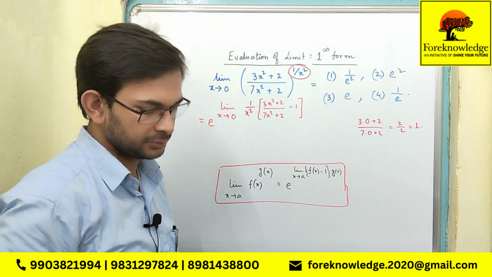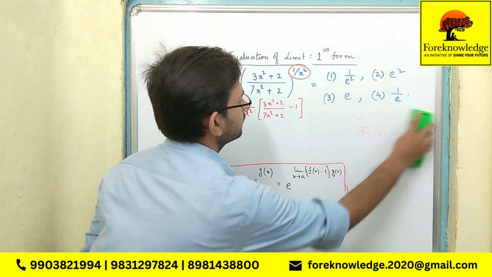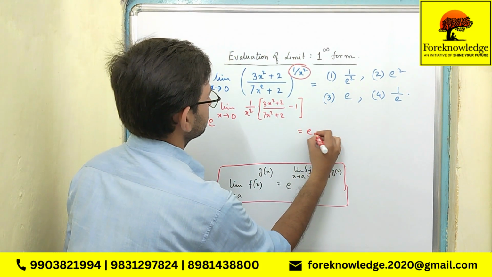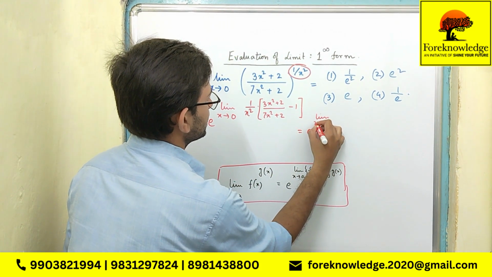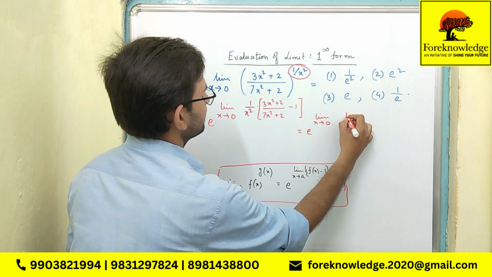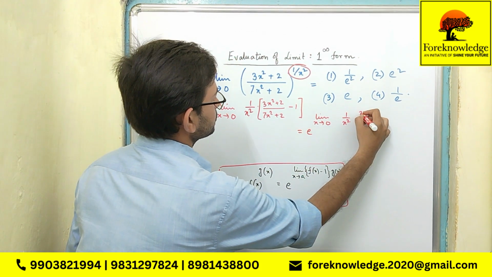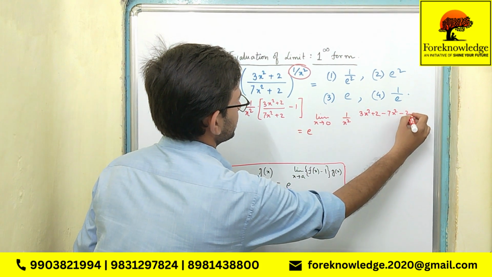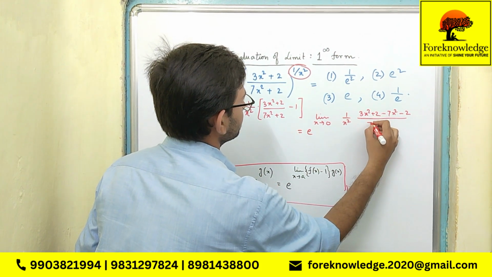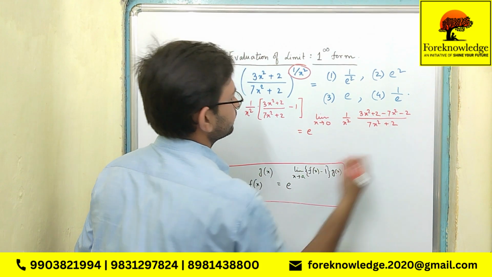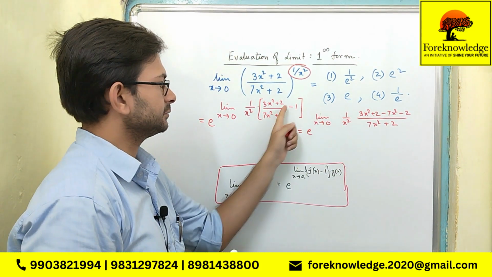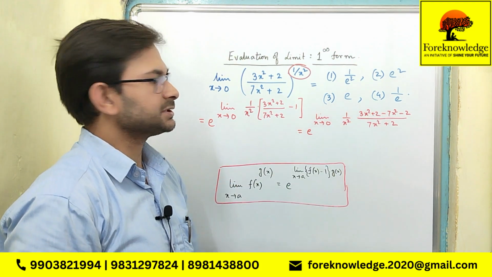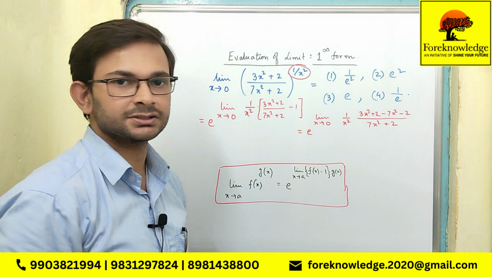Now we have to simplify this. So this is equal to e to the power limit x tends to 0, 1 by x square, into 3x square plus 2 minus 7x square minus 2 whole divided by 7x square plus 2. Just subtraction of fractions.